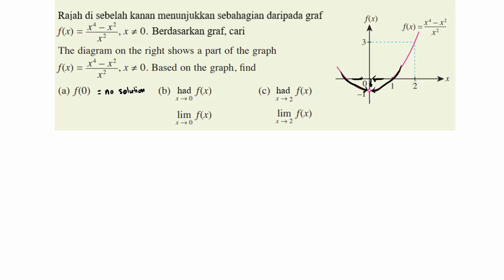But it will never be y equals -1 when x is 0, because 0 is an empty hole there. Empty hole means no point is there. You cannot step on it. It's like a black hole. So you can't find the answer there. So you can only go to the side and see what the answer is. Both are very near to -1. So the answer is -1. This is the concept of limit.